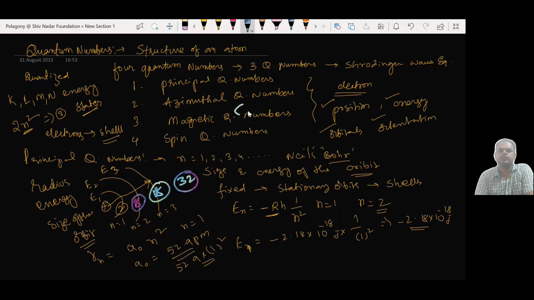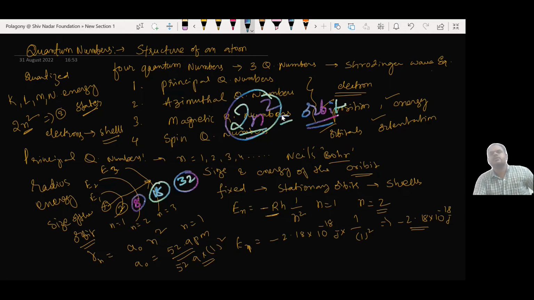So based on the 2n square formula, we can fill the electrons in each orbit. If we know the principal quantum number, then we know the number of electrons that can be accommodated in each orbit by the 2n square formula, which is said to be the Bohr-Bury rule.